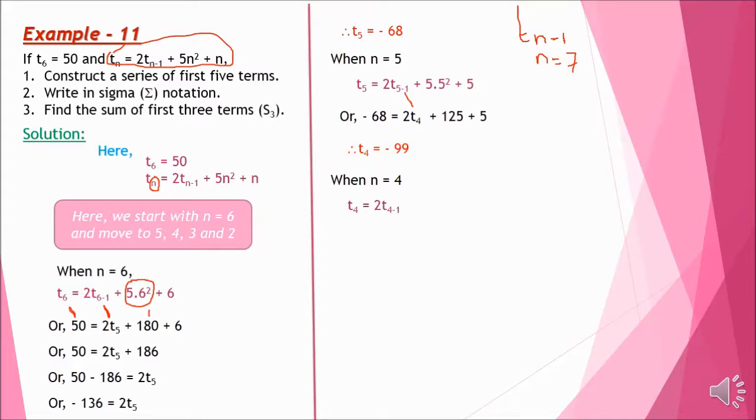Therefore t3 is equal to 91.5. On calculation, you can do your calculation in your own way. Similarly, when n is equal to 3, t3 is equal to 2t3 minus 1 plus 5. Similarly, when n is equal to 2, we will get t1.